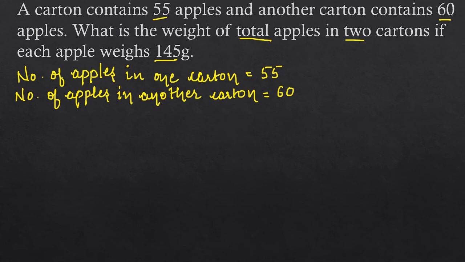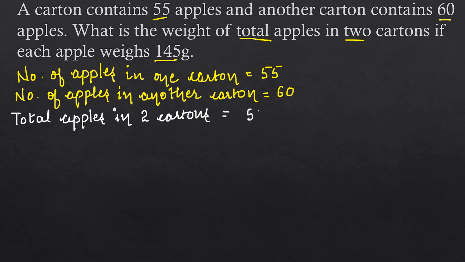So we have to find out total apples in two cartons. This will be 55 plus 60, that is 115.